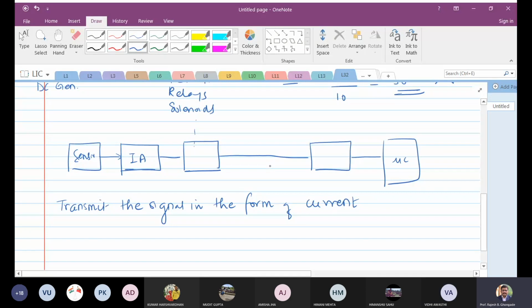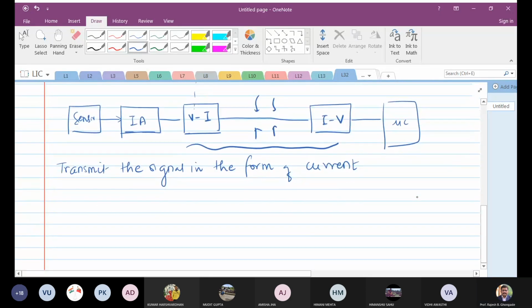So naturally, if I convert from voltage to current and from current back to voltage, even if there is noise, my signal will not be degraded by that noise. Are you able to understand this? This is basically the need of signal conditioners. This can be done not only with voltage to current conversion, that is one method, V2I.